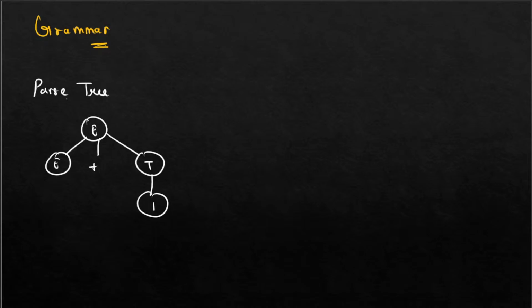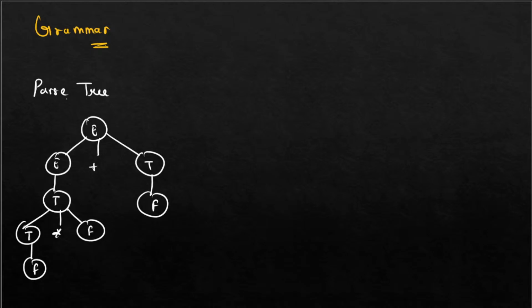Parse tree is denoted like this: E goes to E plus T, then T goes to T times F, and F, with 2, 3, 4 as leaves. This is procedural: every internal node is a variable and the whole derivation is presented.